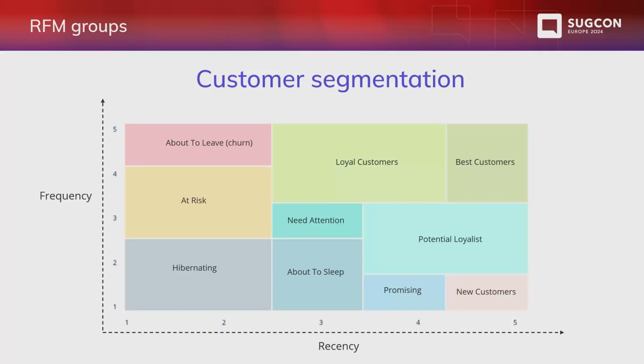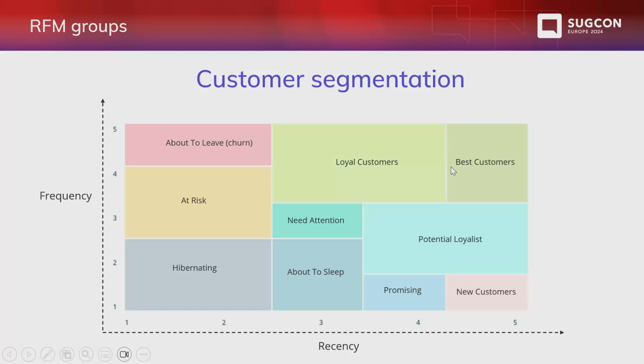RFM analysis is usually visualized in a flatter, 2-dimensional image like this one, making it much easier to understand. In a 2-dimensional visualization like this one, new customers will arrive at the bottom right as new customers, and if they begin to spend more frequently, they rise up quickly to the loyal customers and eventually become the best customers.